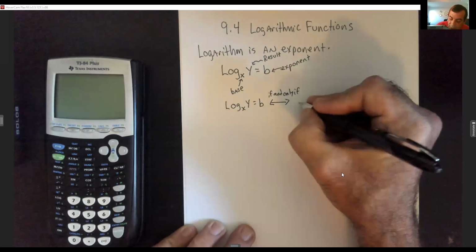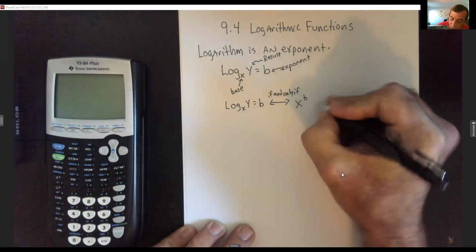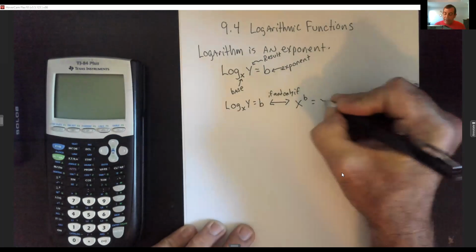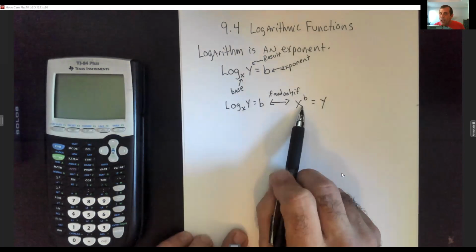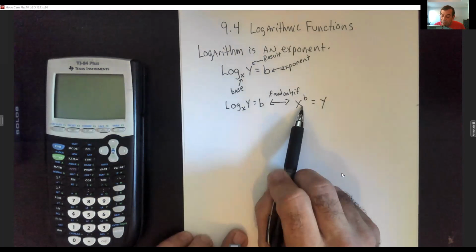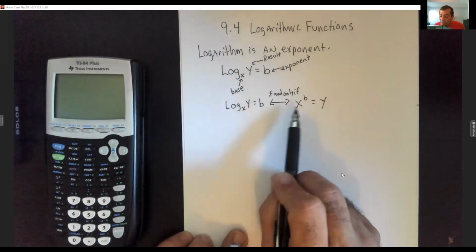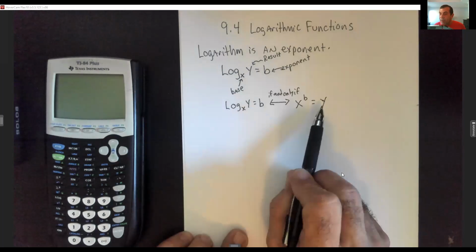X to the B equals Y. So the base is the number being hit by the exponent. B is the exponent and Y is the result.